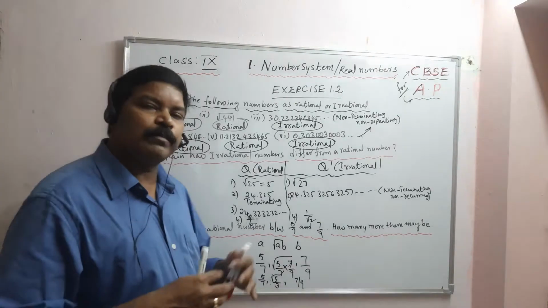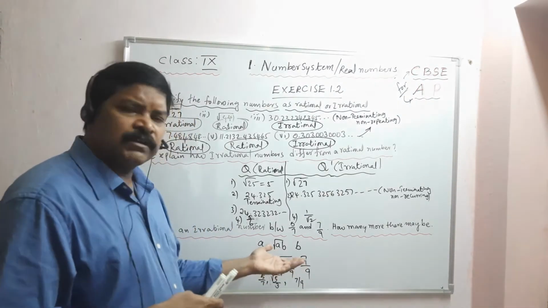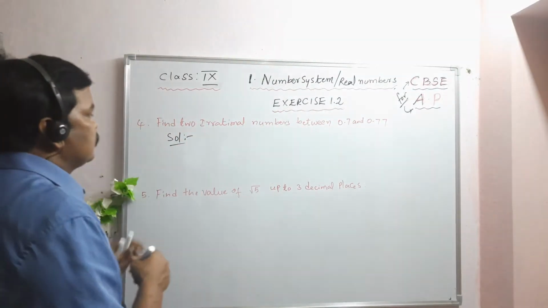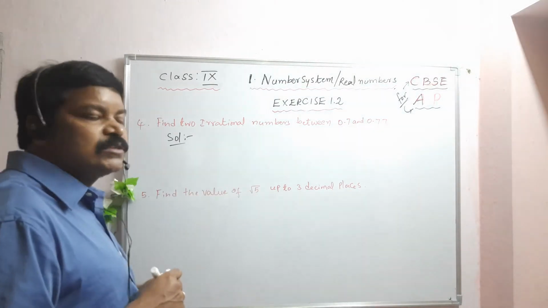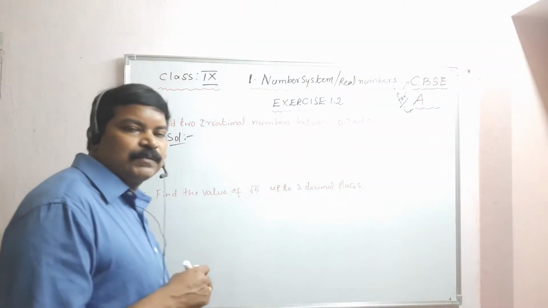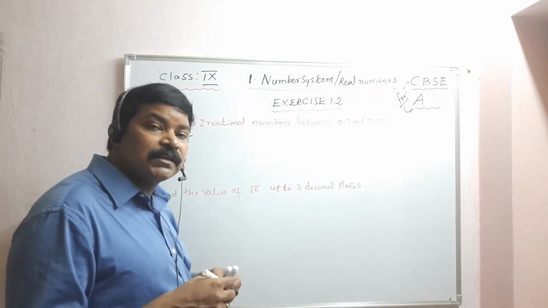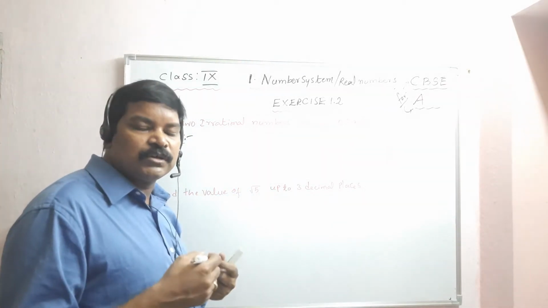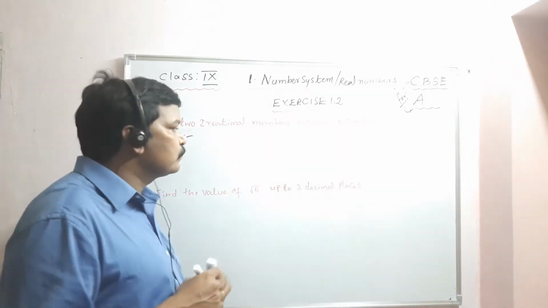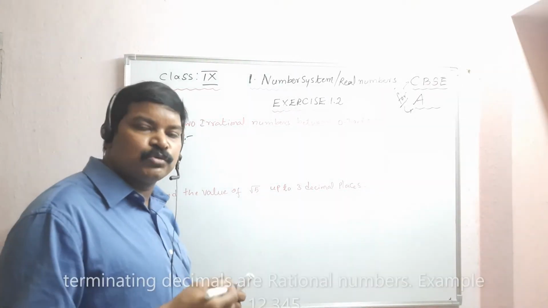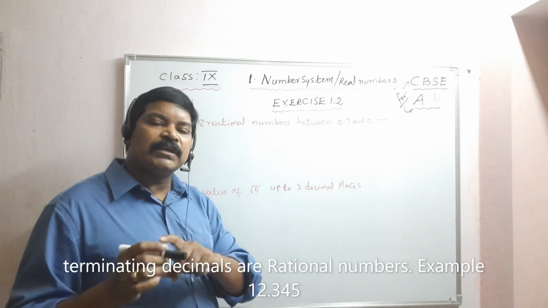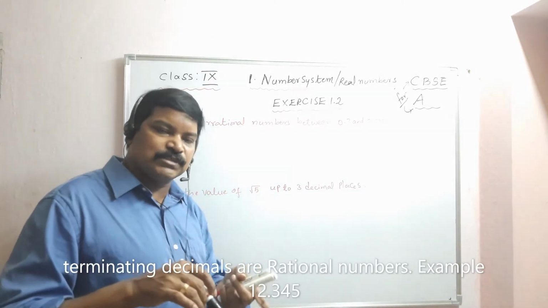Root 5 by 3. Now see, the fourth question is find two irrational numbers between 0.7 and 0.77. As I told you children, there are infinitely many irrational numbers between two rational numbers, like many rational numbers between two rational numbers.